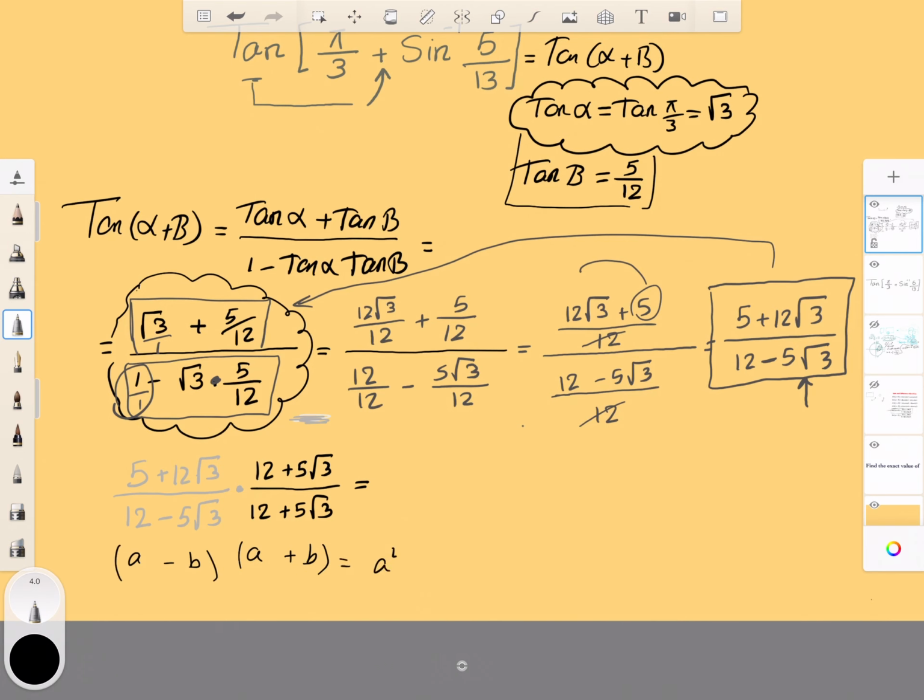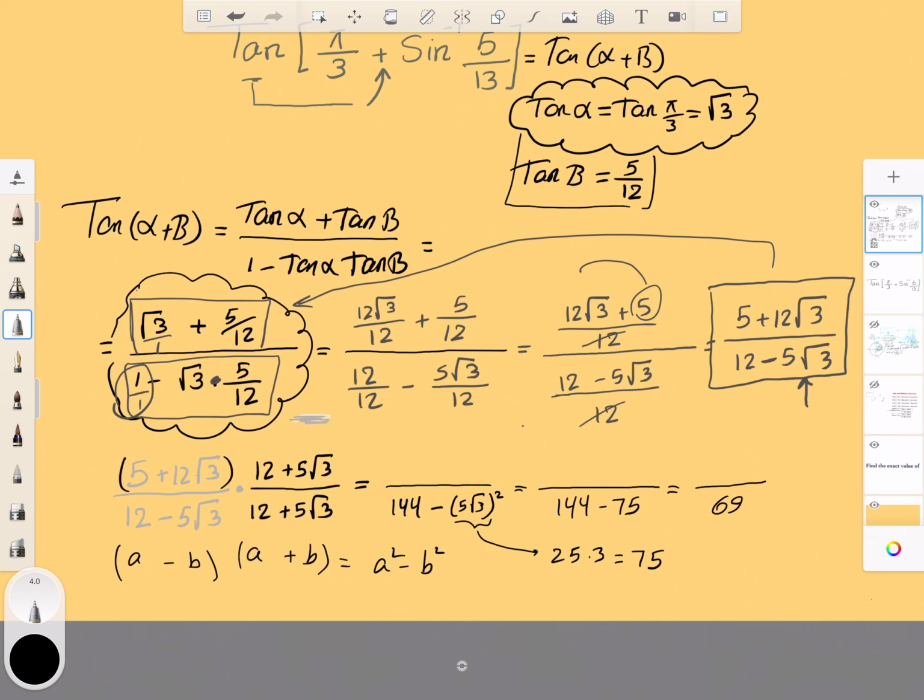The answer will be a squared minus b squared. So a squared is 144 minus b squared, 5 root 3 squared. This is 25 times 3, which is 75. It will be equal to 144 minus 75, equal to 69.